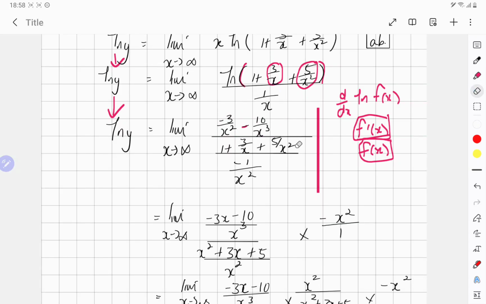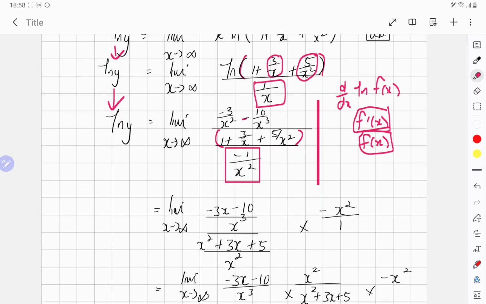Hence my brackets at the bottom. Then my derivative of 1 over x, negative 1 over x squared.